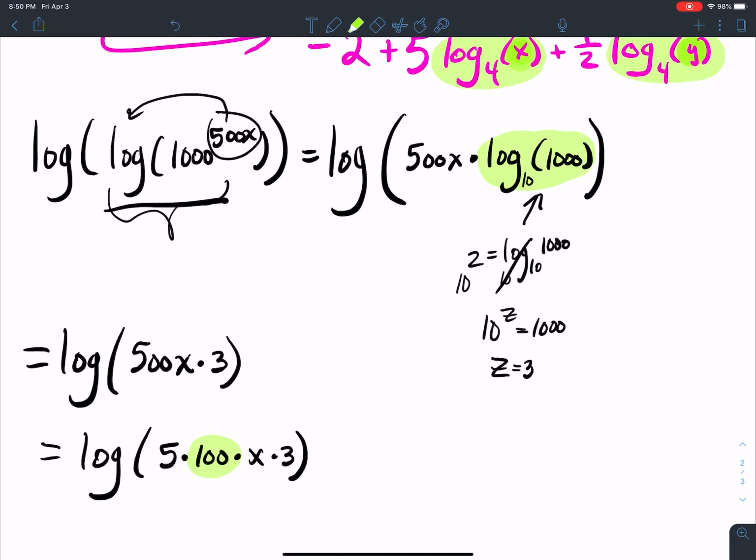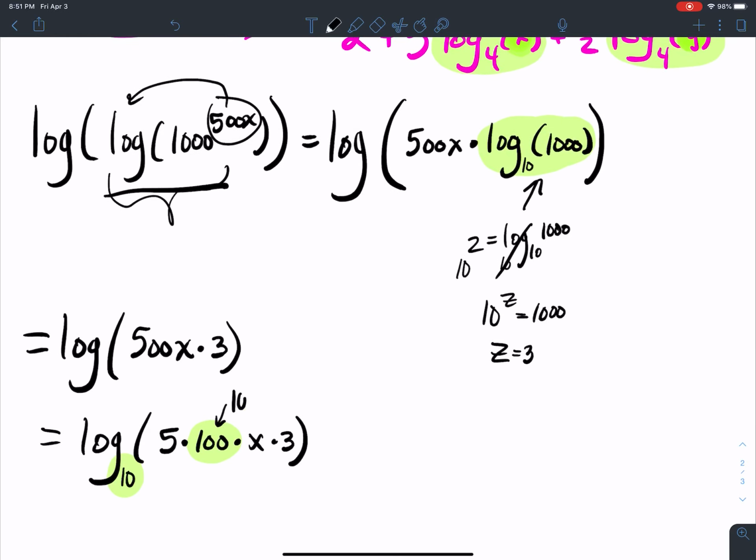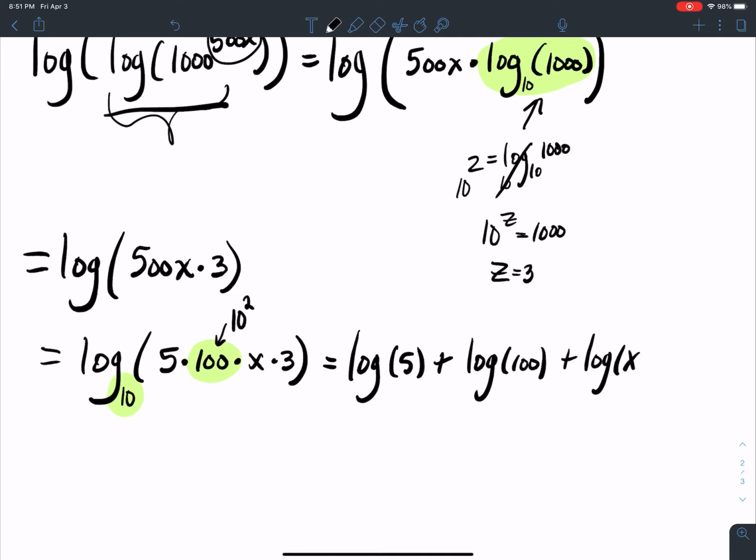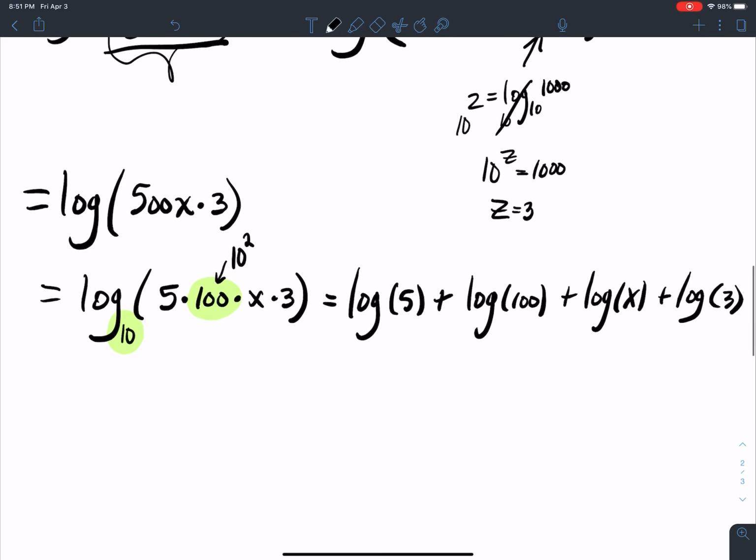But what do I know? The base here is a 10. So I'm going to leave that because I know that I can rewrite this in terms of 10. This is 10 squared, okay? So I'm going to hold off on splitting that up anymore, but I'm going to write it out. So log of 5 plus log of 100 plus log of x plus log of 3, okay?